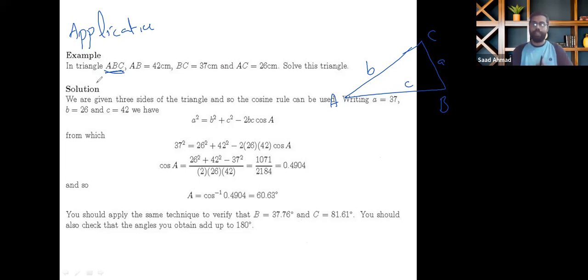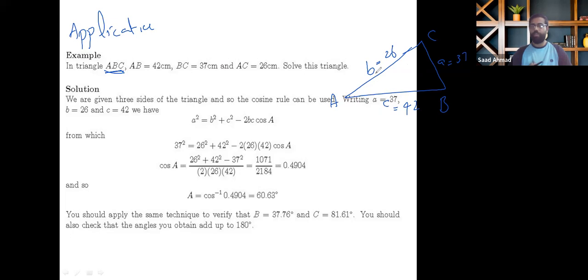Triangle ABC. AB, this side, which is actually the side C, is equal to 42. BC, this side A, is equal to 37. And AC, which is this one, is equal to 26.